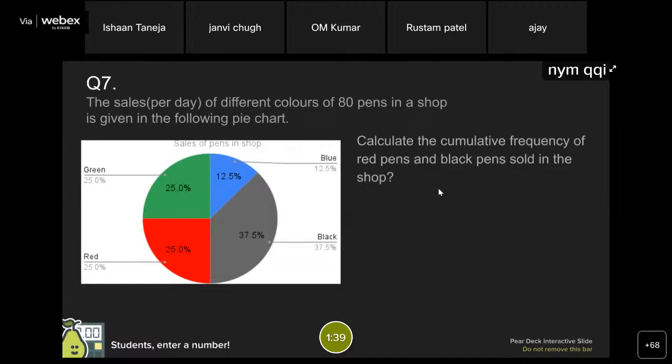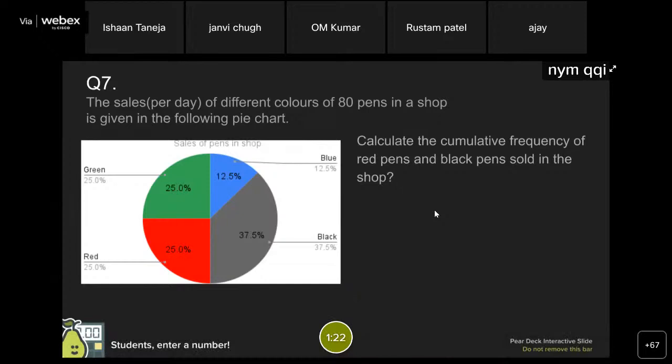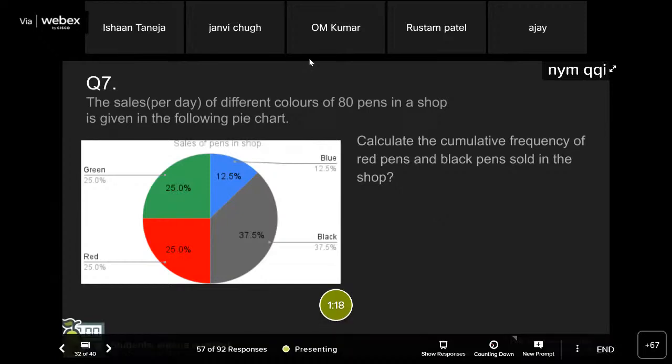Done, sir. Sir, you asked for only black pen first, correct?